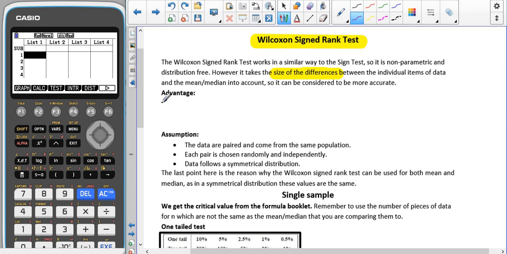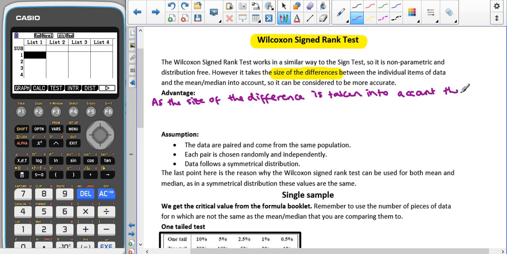So the advantages are that as the size of the difference is taken into account, the result found has a higher reliability.